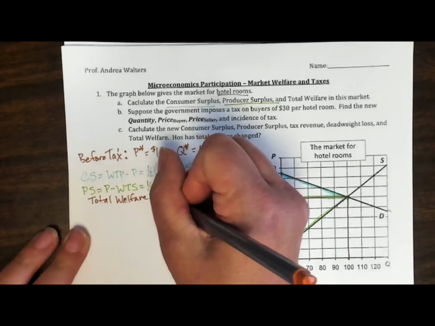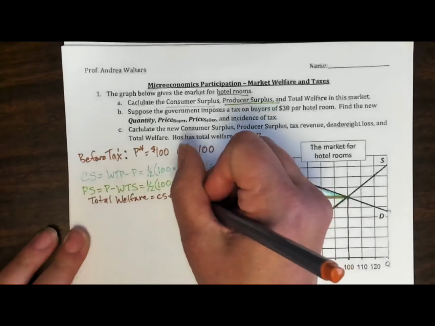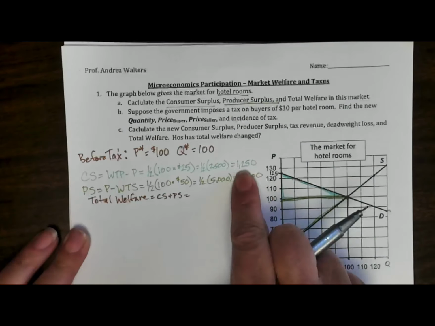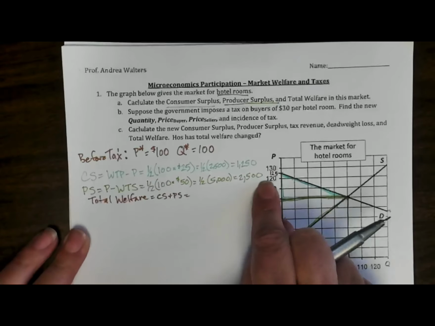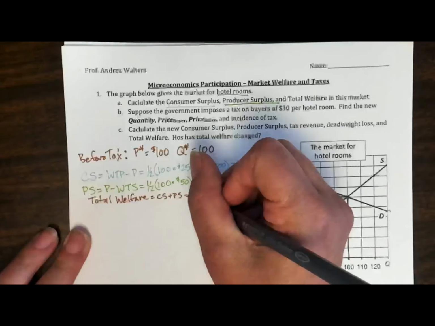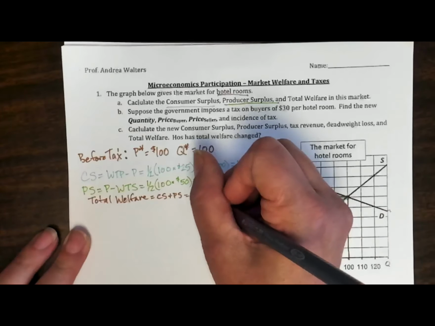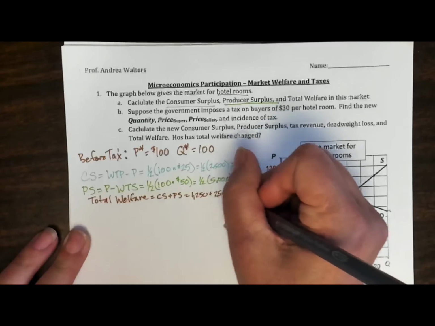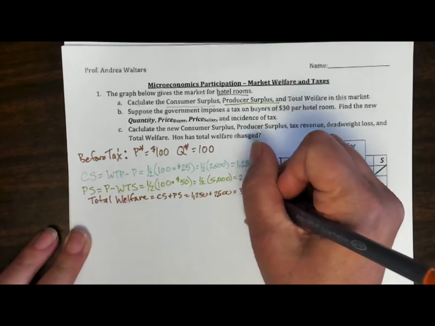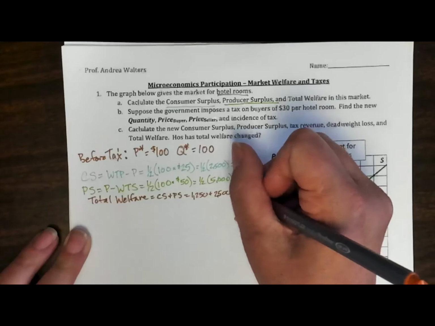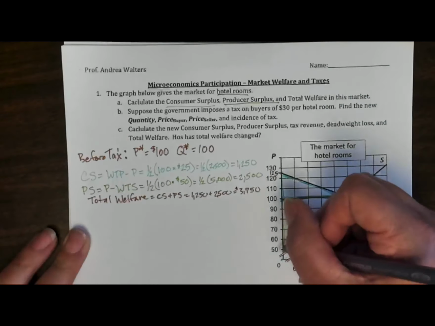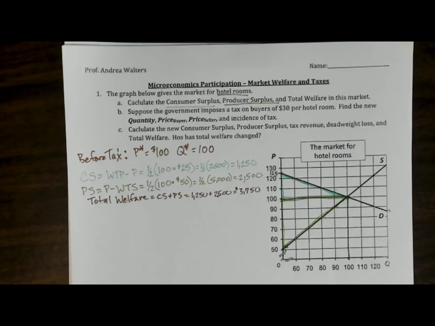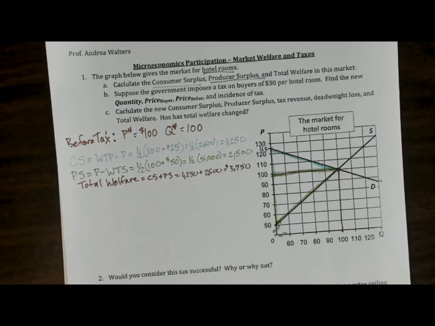It's going to be consumer surplus plus producer surplus, which in this case is $1,250 plus $2,500 for a total value of $3,750. That's the total welfare to the market of participating in this economy. So that's pretty great. That means that everyone is benefiting from this market exchange, and that's a great idea.